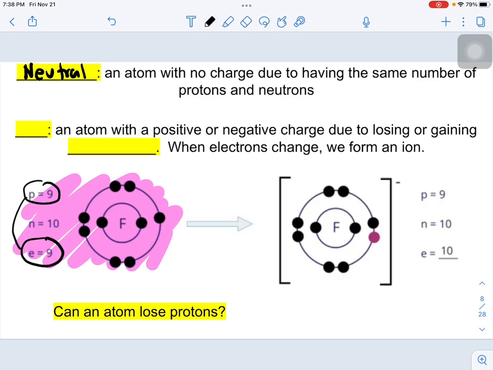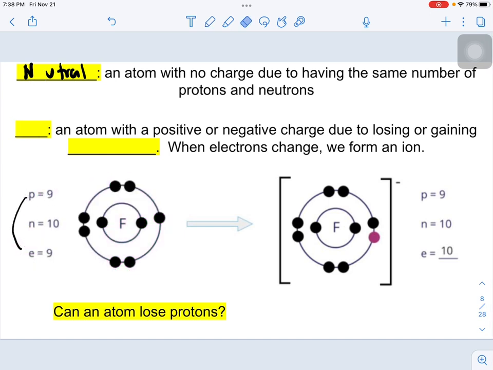We have 9 protons and we have 9 electrons. So the protons are going to give us a 9 plus charge, but the 9 electrons are going to give me a 9 minus charge. These charges cancel each other out, and it is a neutral atom. That's what I meant when we were going over this first type of atom.